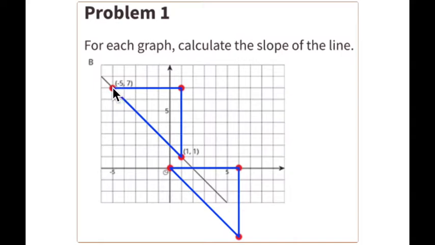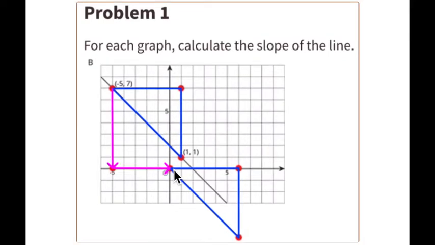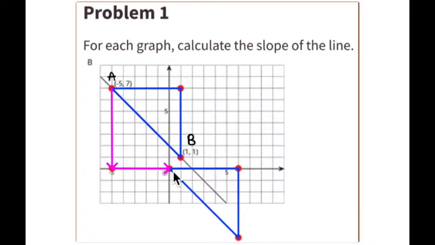So 1 minus 7 moves this point down here, and 1 minus a negative 5 is the same as 1 plus 5. So that slides us over in this direction. So let's see if that's what it ends up showing you. So this is taking away 7 units, so minus 7, and this is adding 5 units, so plus 5 to get to here.